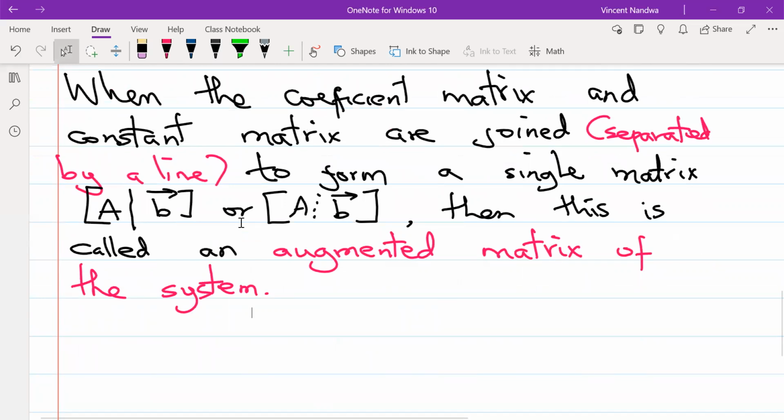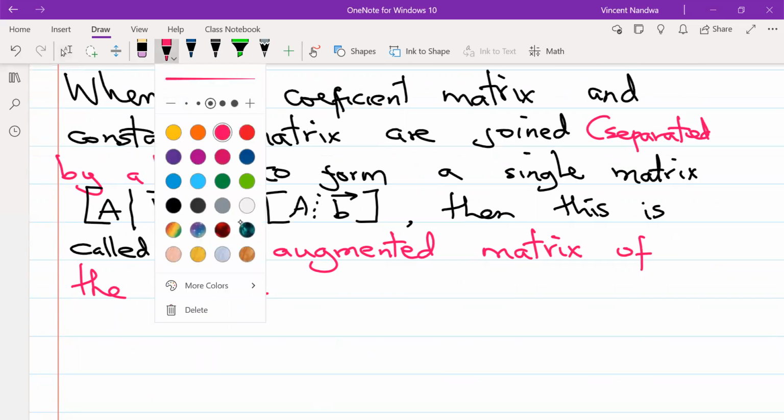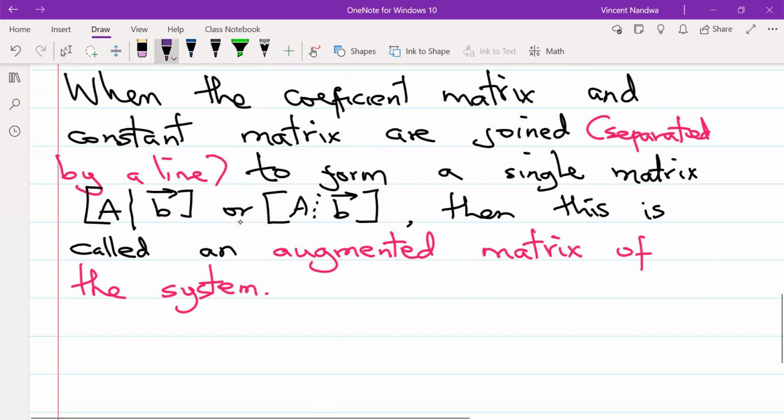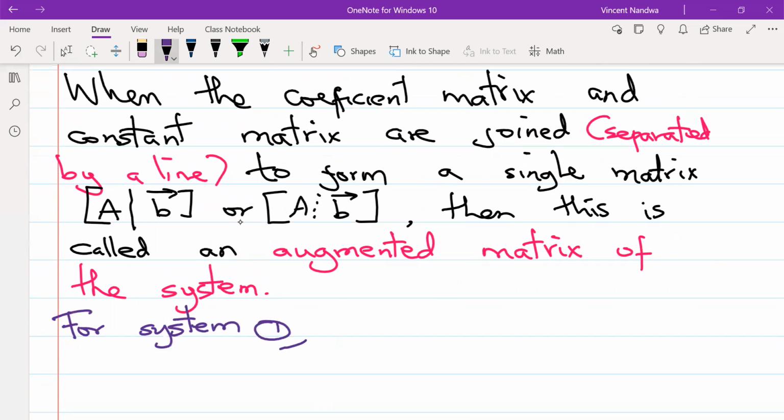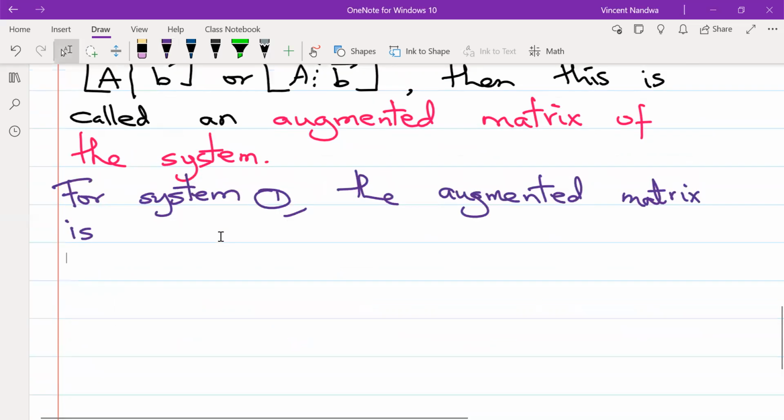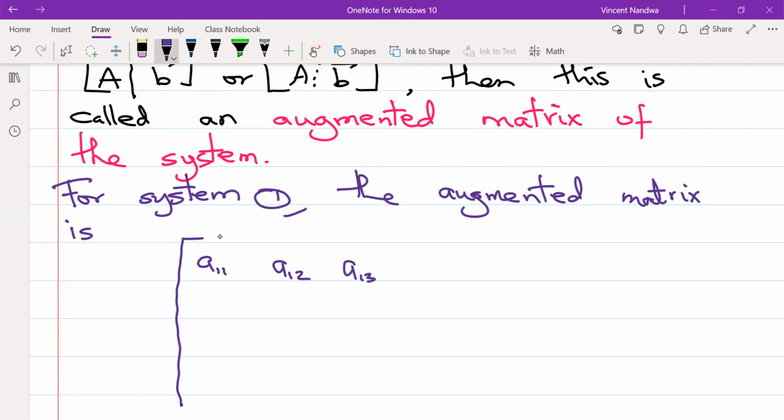So for system 1, the augmented matrix will be: a11, a12, a13, up to a1n.